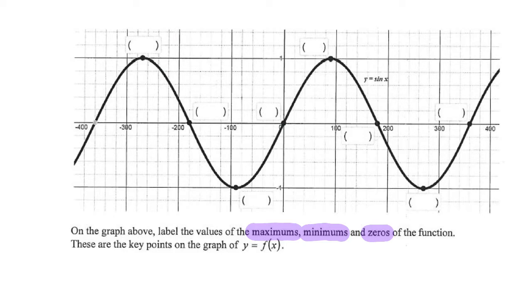So you'll see me kind of just highlight where we get to the very top of the graph, where we get to the bottom of the graph, and then all of our x-intercepts, because x-intercepts are another name for zeros. So all of those spots that I've highlighted in purple, you'll find that they're blank on your handout. What we want to do is we want to find the coordinates of those points. Okay, that's what we're going to do to fill in.